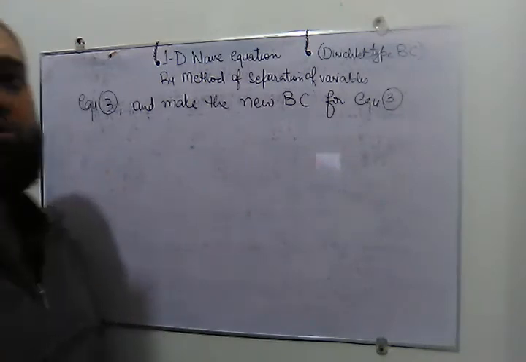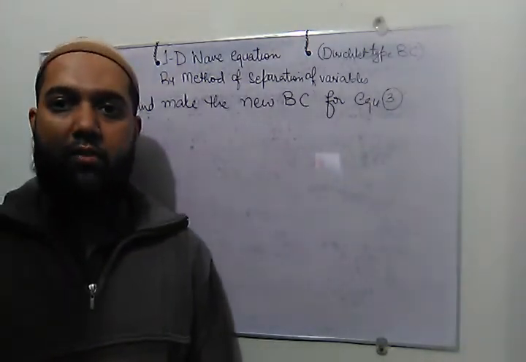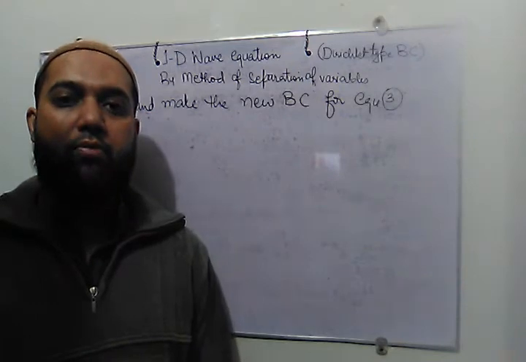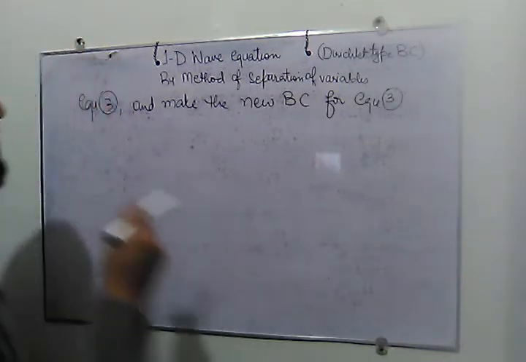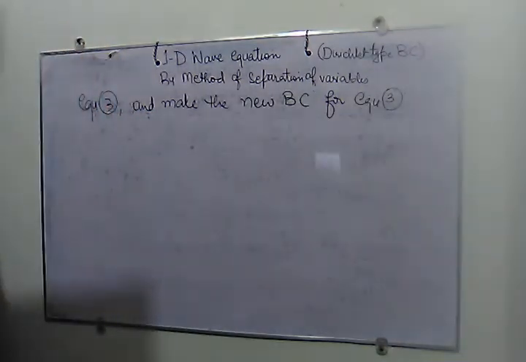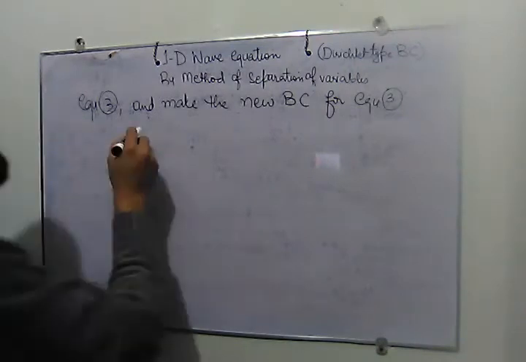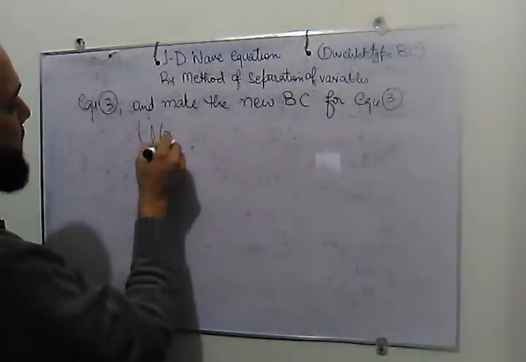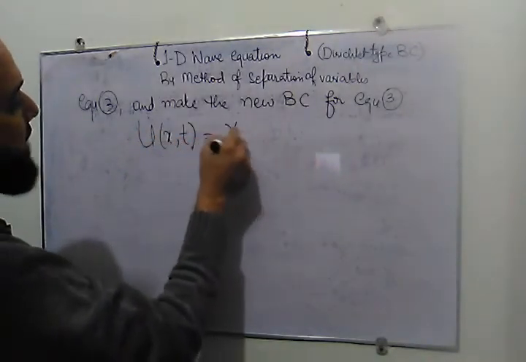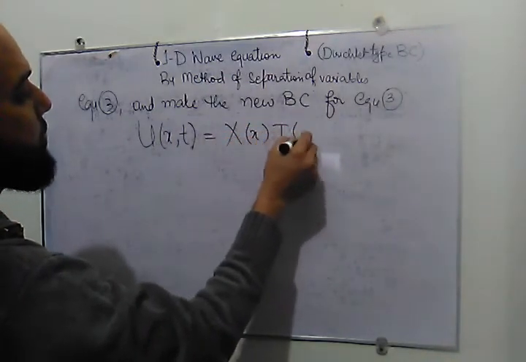To find the new boundary conditions, we take the help of our assumed solution, which was u(x,t) equal to X of x T of t.